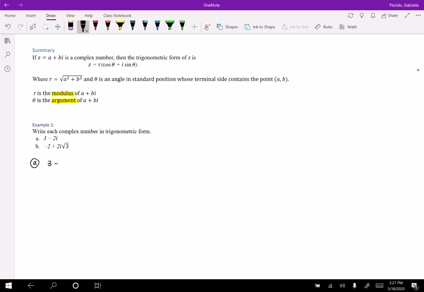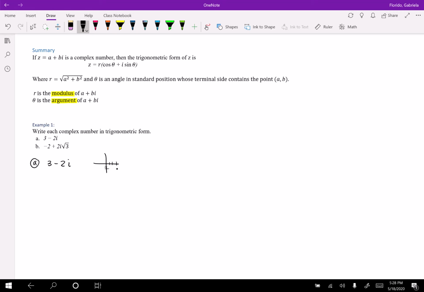3 minus 2i. I like to plot it out. Obviously, it's not a very accurate plot, but I do like to know which quadrant this point lands in. Our real part is positive 3, and our imaginary part is negative 2. And so that puts us in the fourth quadrant.